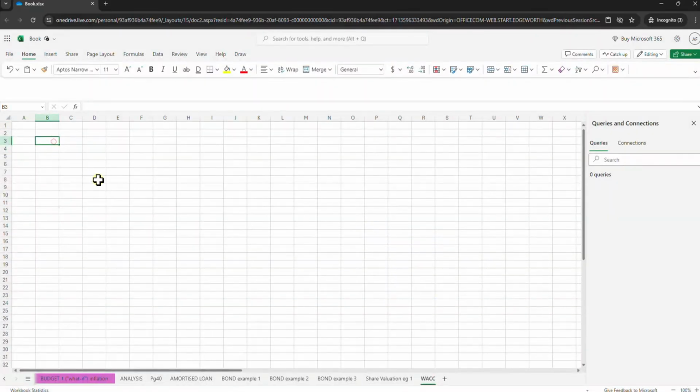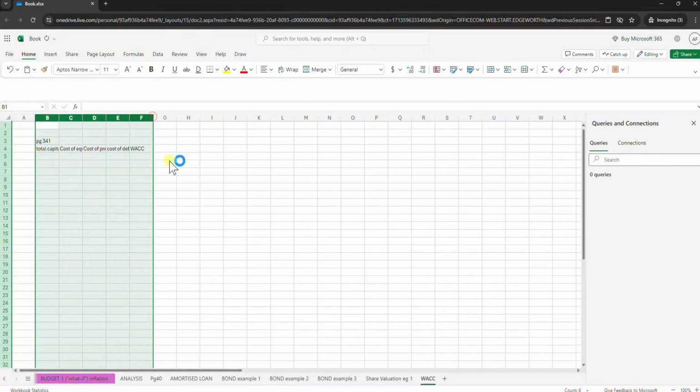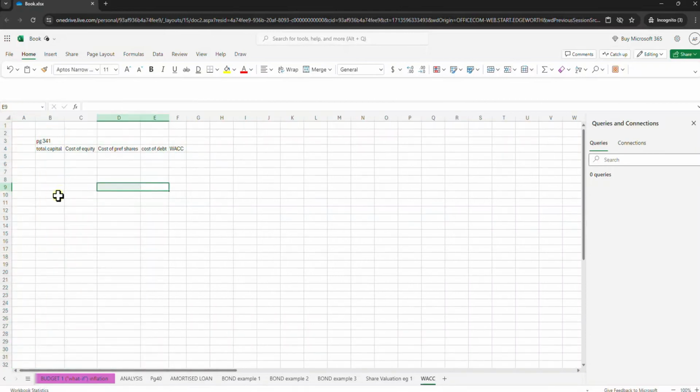I'm using page 341. Total capital, preferred shares, and WACC. So this is what we've got.